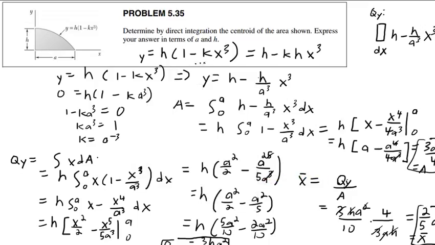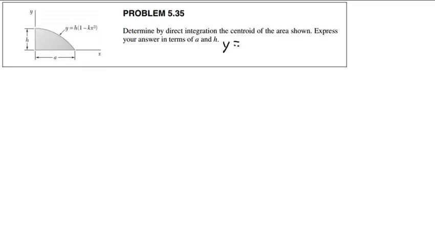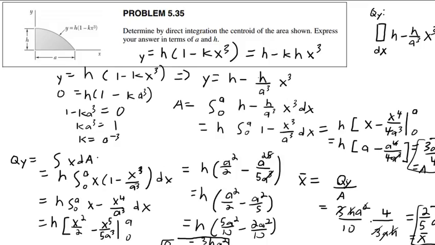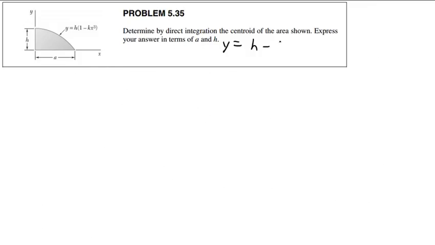I'm going to need the equation, which is y equals h minus h to the third over a to the third x to the third.